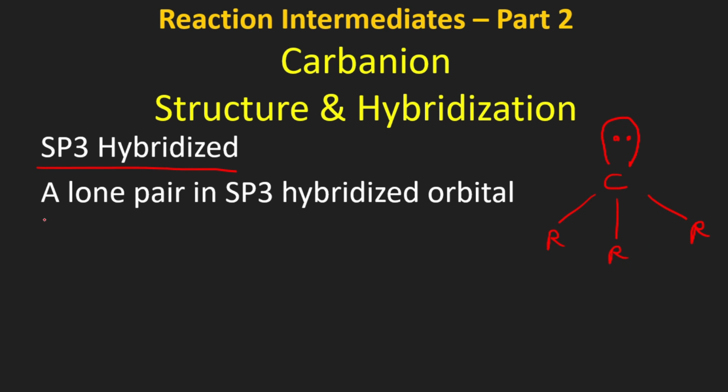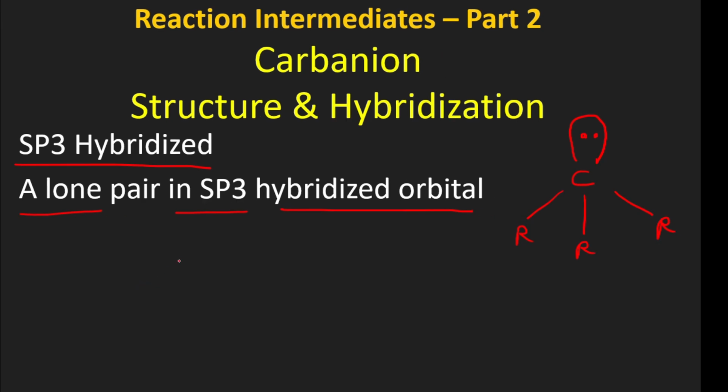A lone pair is present in the sp3 hybridized orbital. Now there is a negative charge on it, and how this negative charge can be reduced, the overall stability depends upon this.